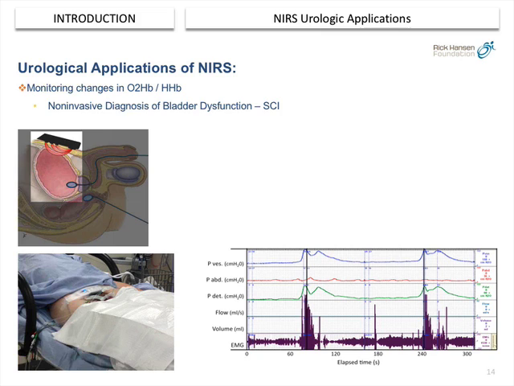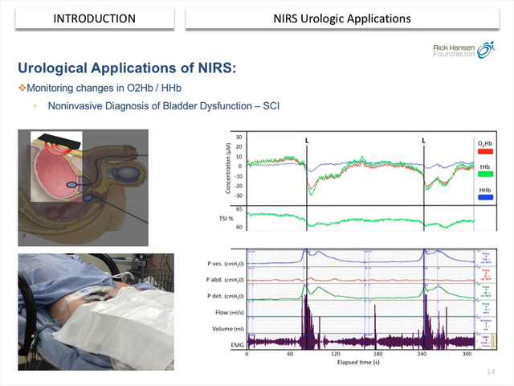This is the perhaps invasive procedure of urodynamics. We just put our device over the bladder, fix it, and look at the real-time data during the filling. And this is our data coming from the surface of the skin, transcutaneous non-invasive data. You can compare and see how our data is following and mirroring this invasive data.